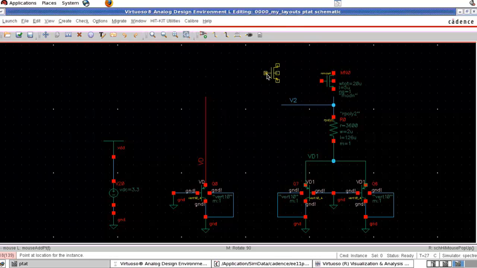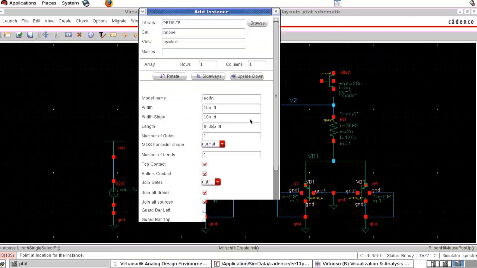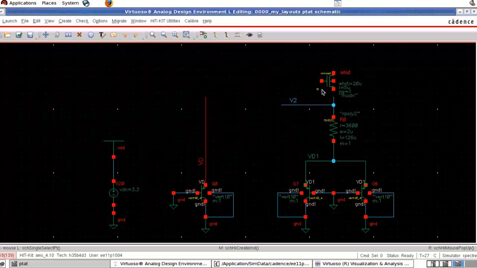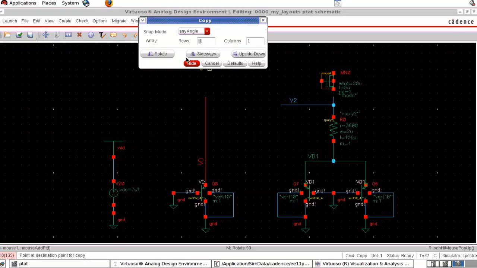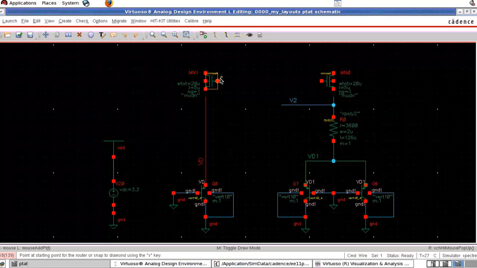One NMOS I placed there. And I need the same size NMOS here. Their gates are connected together.